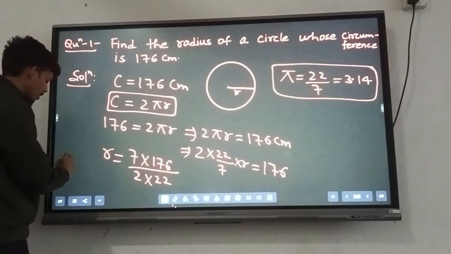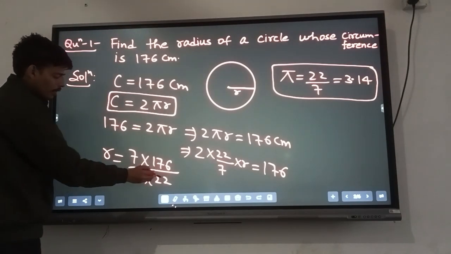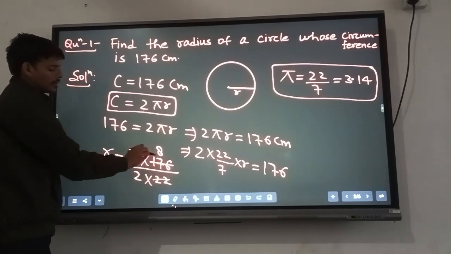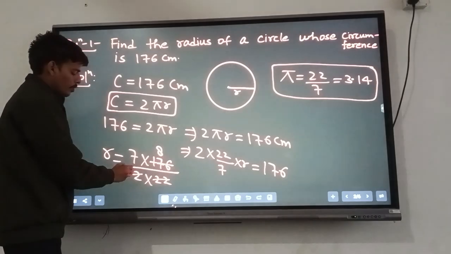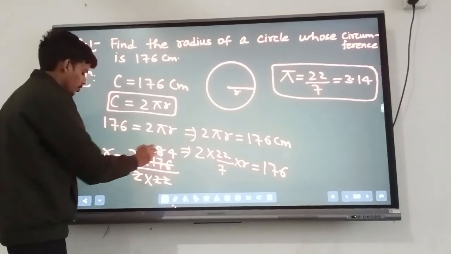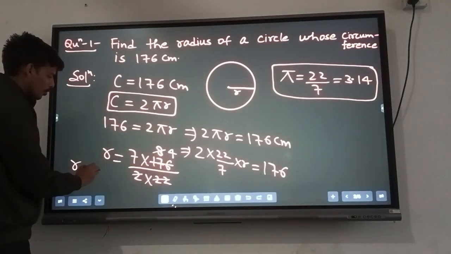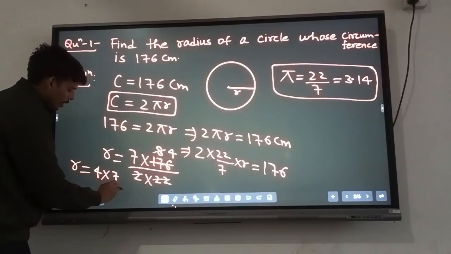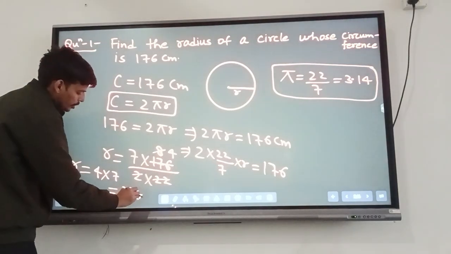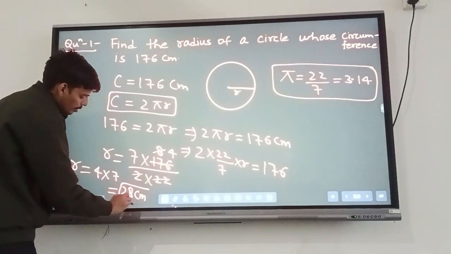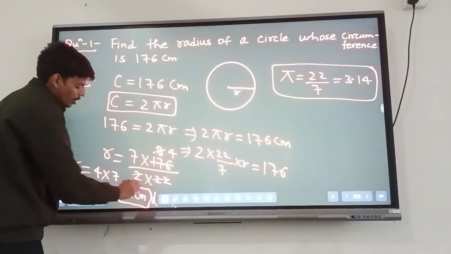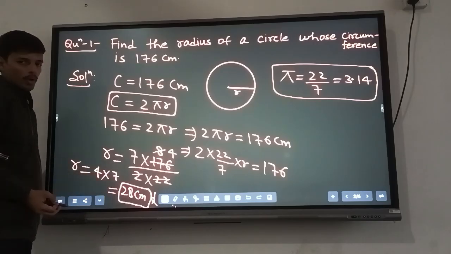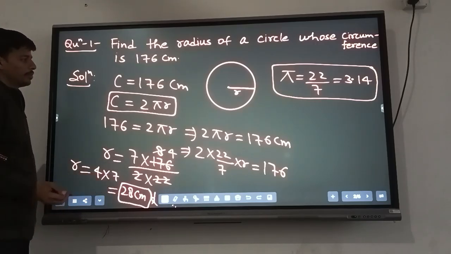So r equals, 22 8s are 176 and 2 4s are 8. So r equals 4 into 7, 4 into 7 means 28 centimeter. This is our final answer, the value of radius. So the value of radius is 28 centimeter.